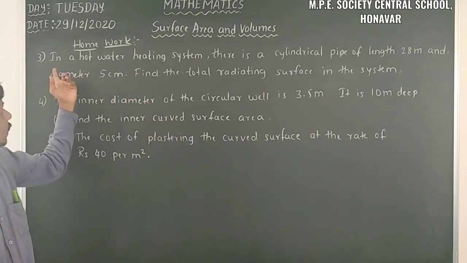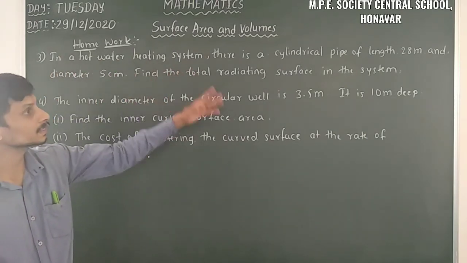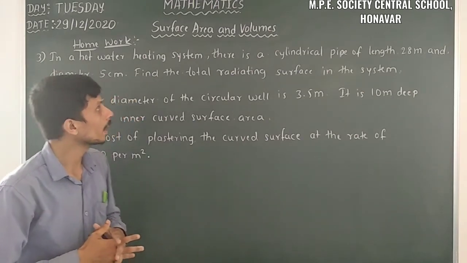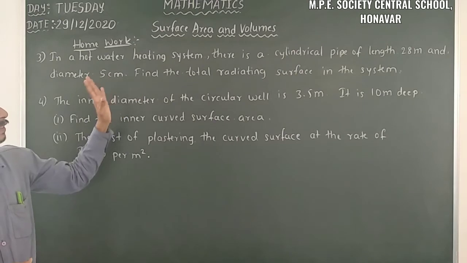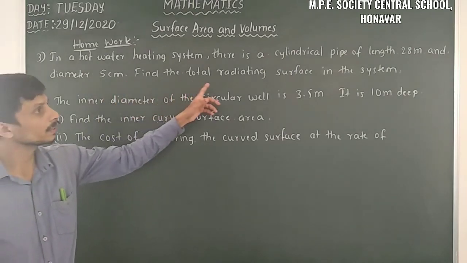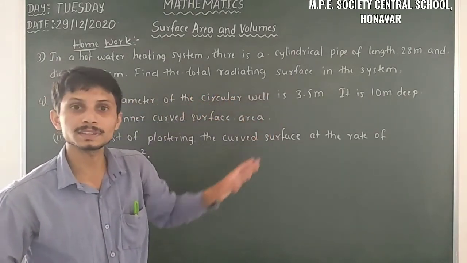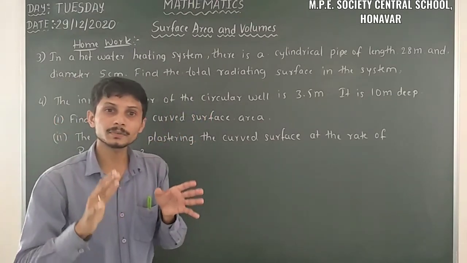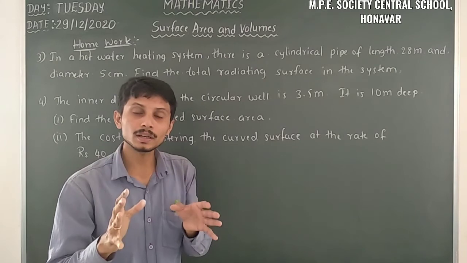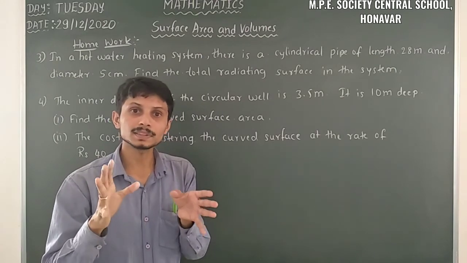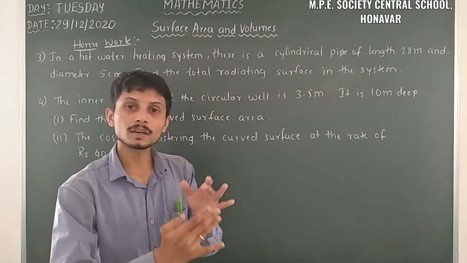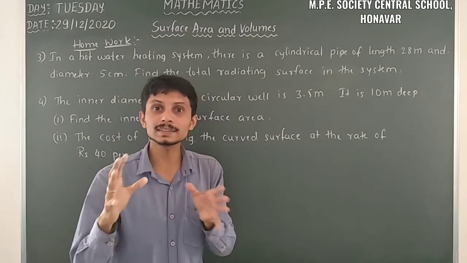Here just observe, in a hot water heating system there is a cylindrical pipe of length 28 meter and diameter 5 centimeter. Find the total radiating surface in the system. That means it's a cylindrical water heating system, and inside that we have a cylindrical pipe. Here that cylindrical pipe is the radiating system, so only the curved surface area is radiating.